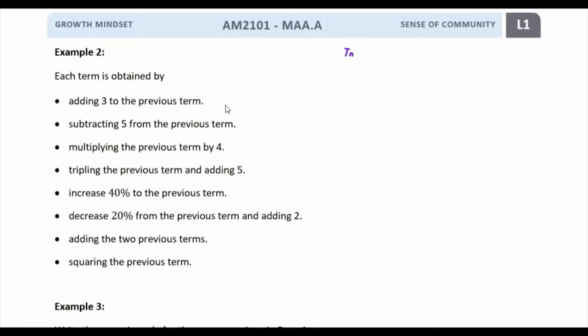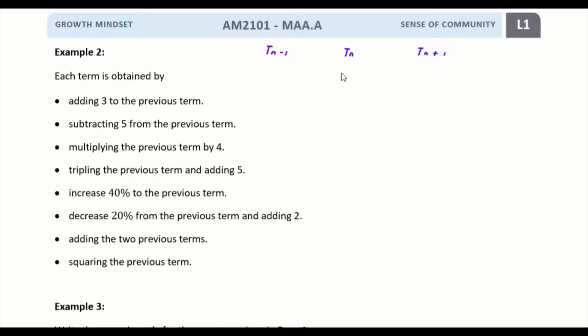You realize that you are just stuck there, not sure how you are going to find T50 from T3 and so on. So that's why we learned about the notation just now, right? So we have Tn, and then the n plus 1 term and also the Tn minus 1. Okay, so we are going to use this to help us to do that.